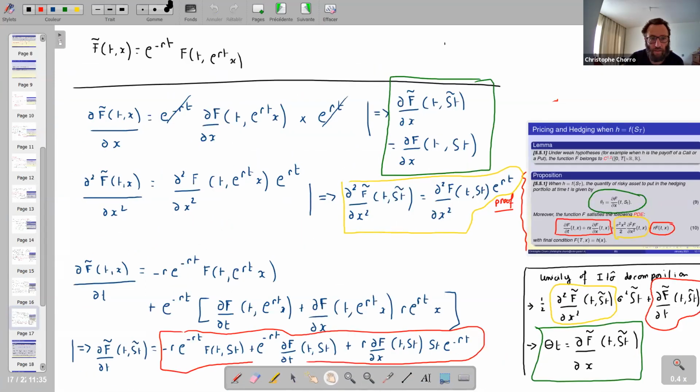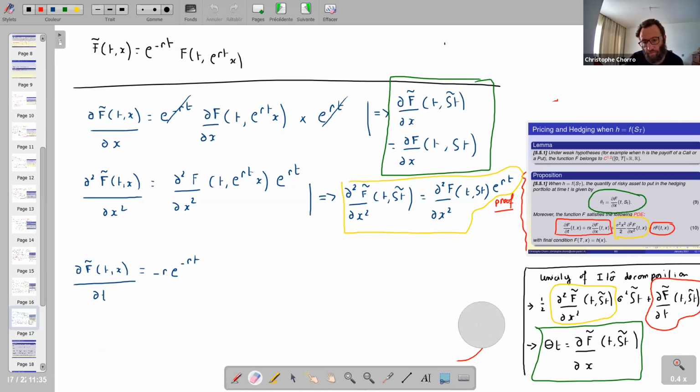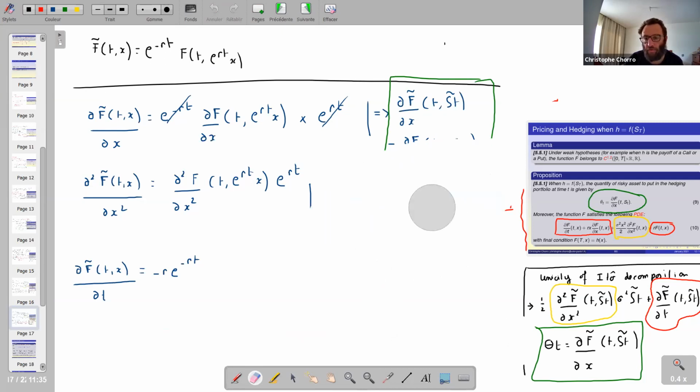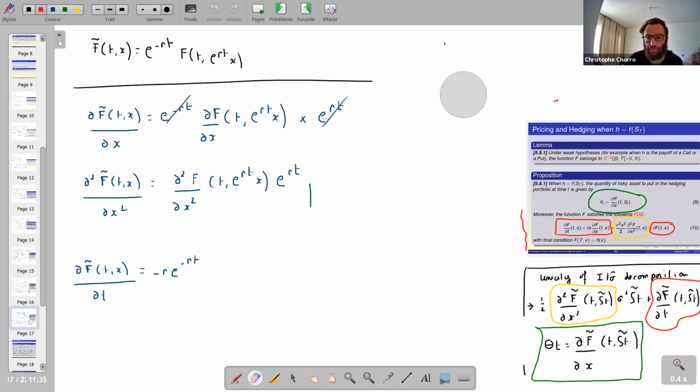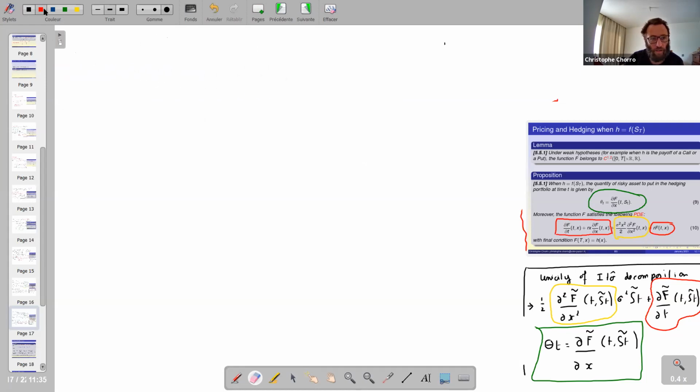I erase all these computations, which we can recover in the lecture notes. I just want to conclude with this point here.